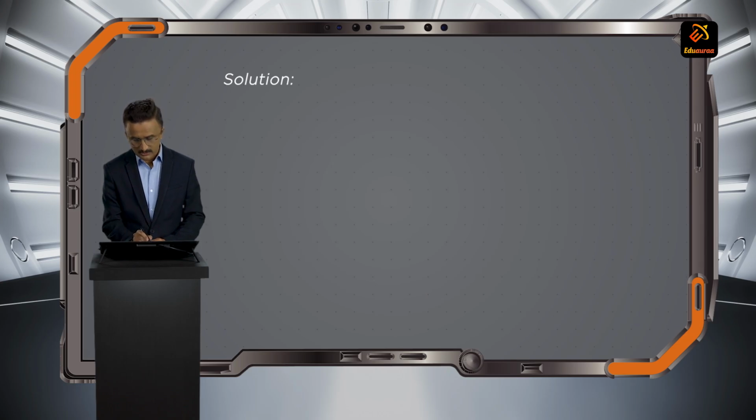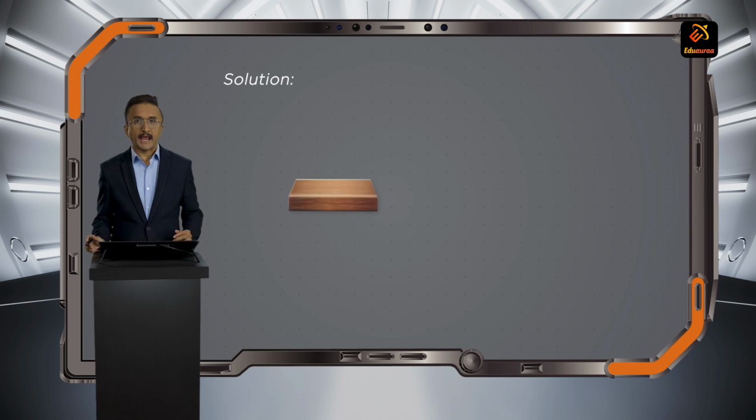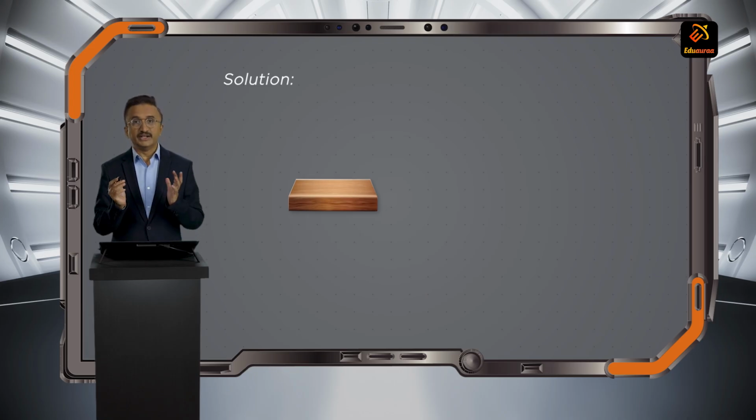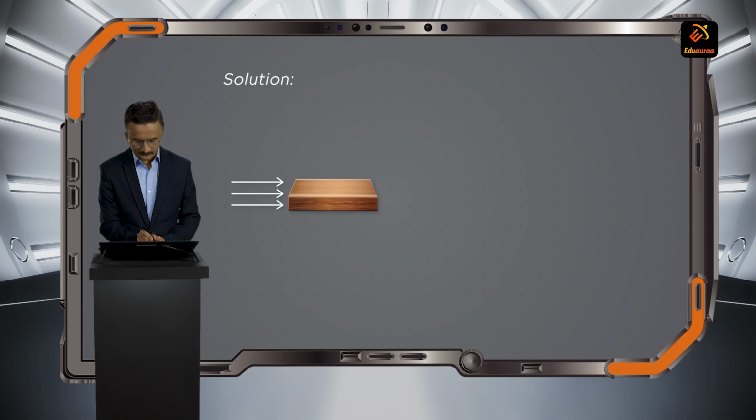Suppose here we have a wooden plank, and a body that is going to lose half of its velocity. Suppose the body strikes this wooden plank with the velocity v.